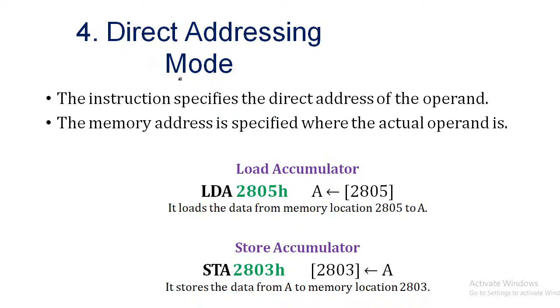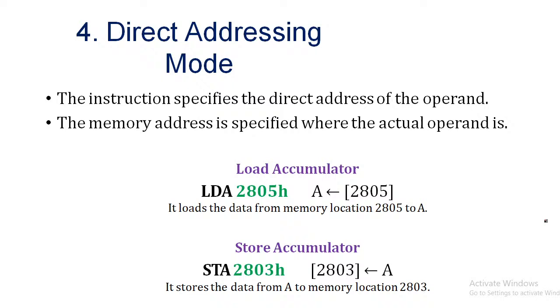In this case, whatever is the content of address 2805 will be stored in the accumulator in case of LDA 2805. And in case of STA 2803, whatever is in the accumulator is stored. So it stores the data from A to the location specified in the instruction.